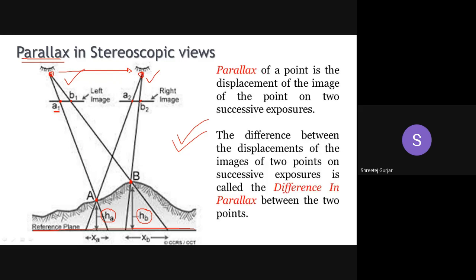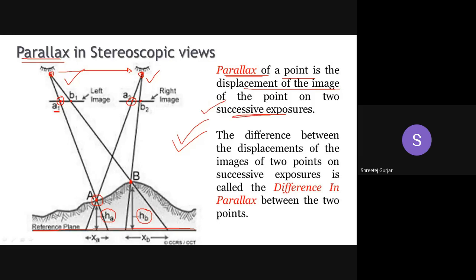So what is parallax? Coming to the definition, the parallax of any point is the displacement of the image. The point on the ground does not move, but the image of that point, A1 and A2, moves. It is the displacement of the image of the point on two successive exposures.